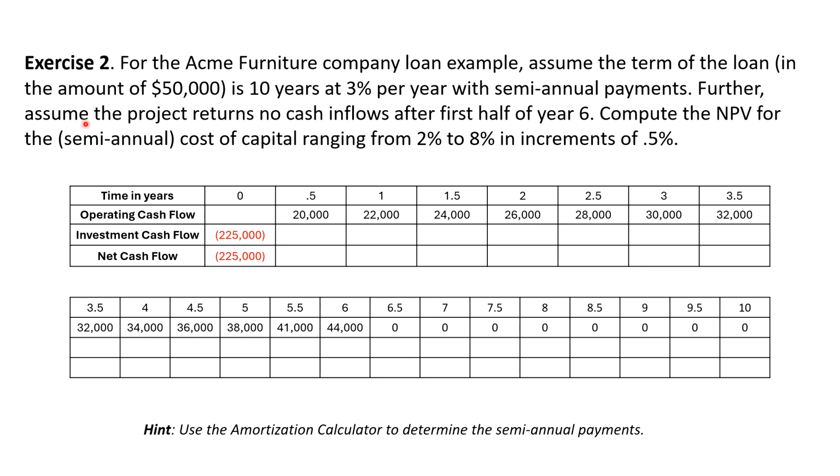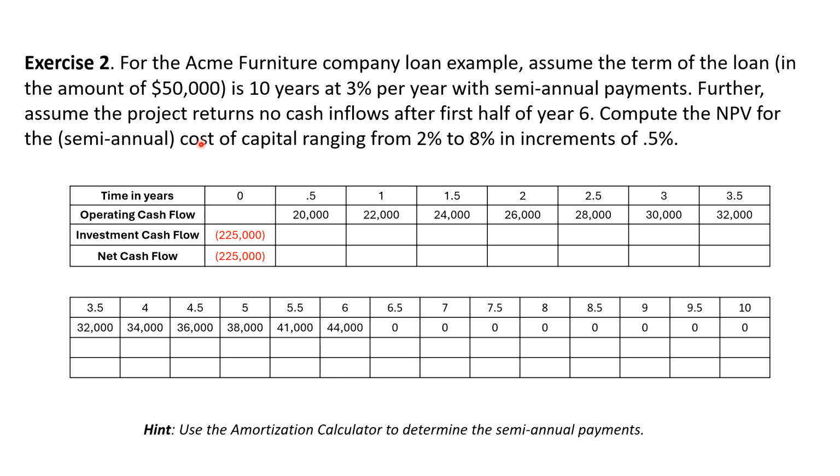Further, assume the project returns no cash inflows after the first half of year 6. So you see here we have cash inflows, and then at year 6.5 and out, there's no more money coming in, but the loan persists, so you have to take that into account.